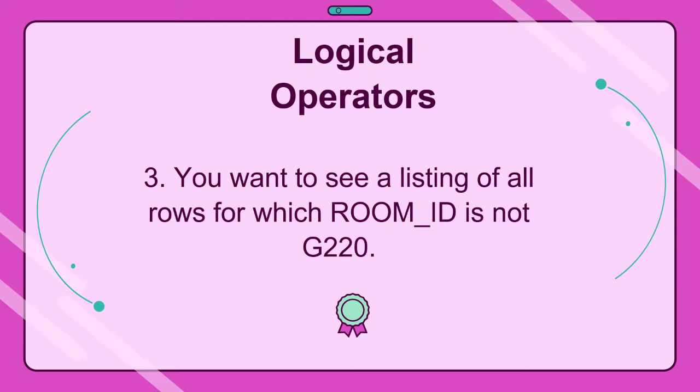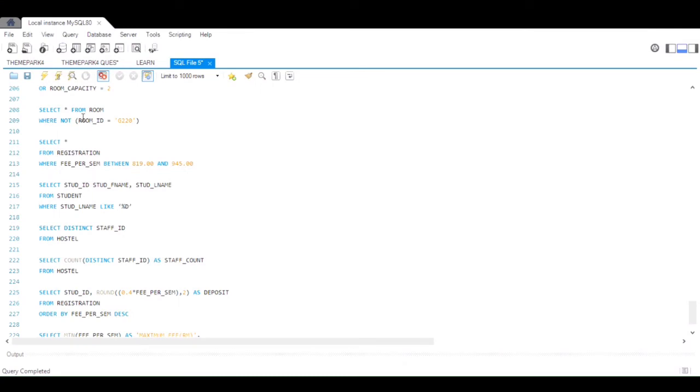Question 3. We want to see a listing of all rooms where room ID is not G220. Okay, this question wants us to list all the rooms where the room ID is not G220.